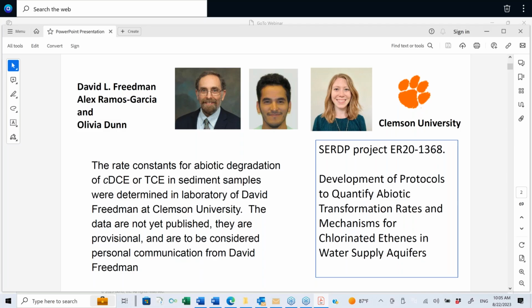So Alex Ramos and Olivia Dunn are the ones that actually did the work. David's the one that organized it, sort of collated it, and I want to warn you that these are unpublished and preliminary, and Clemson has the right to interpret their data and publish it as they will. So we're going to consider those at this point as personal communication from Dr. Friedman.